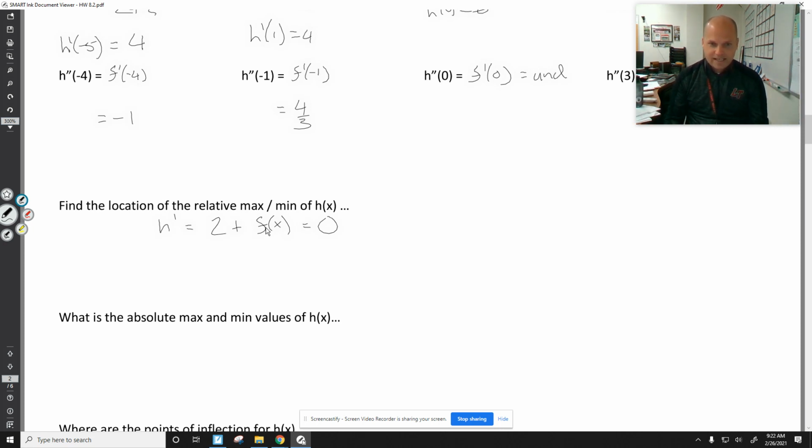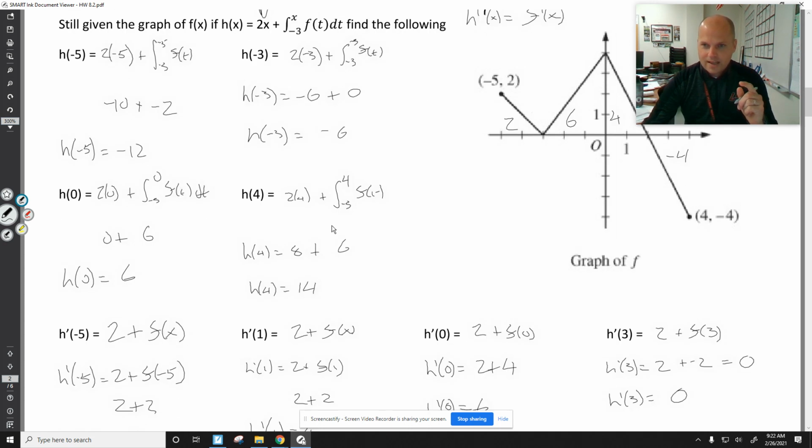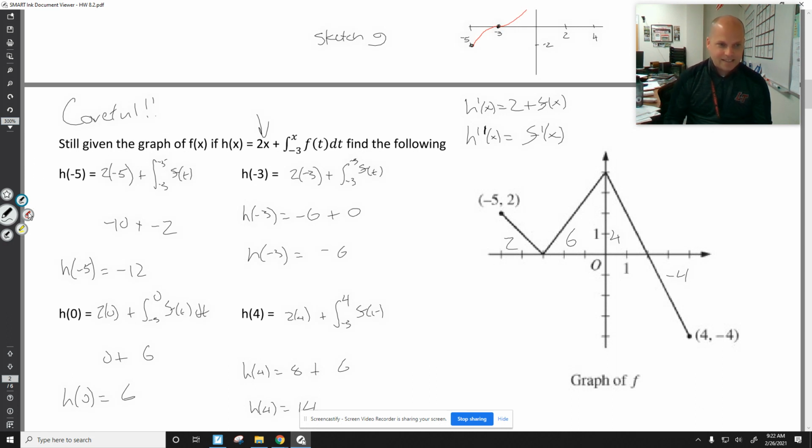If I set this equation up, I realize when f of x equals negative 2, that is when h prime will equal 0. So don't look at the x-axis. Instead, look at this new line at y equals negative 2. This is your key to understanding when h is increasing or decreasing.